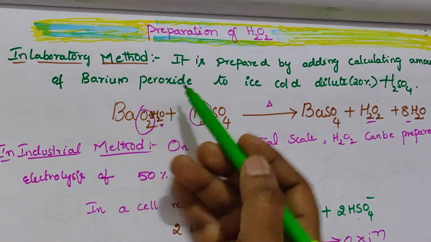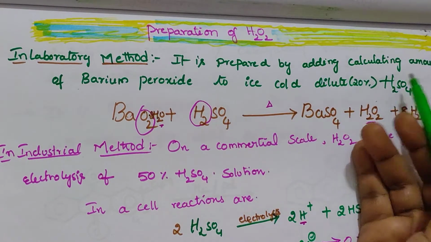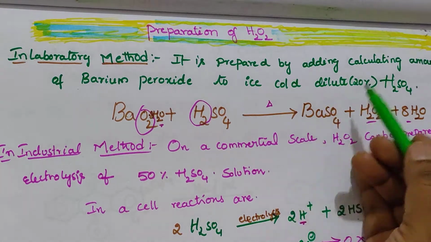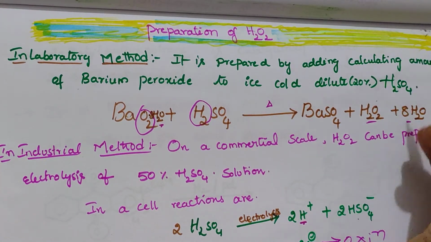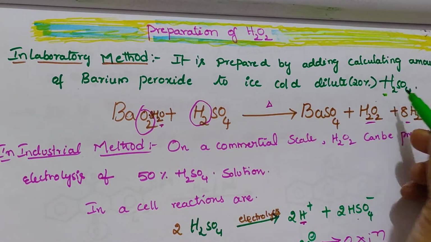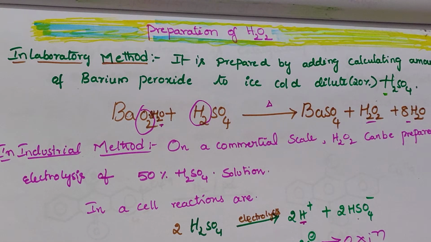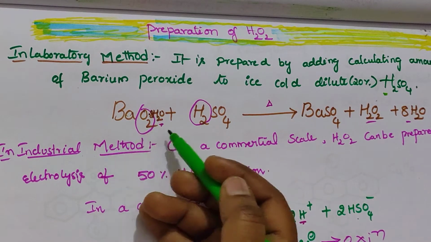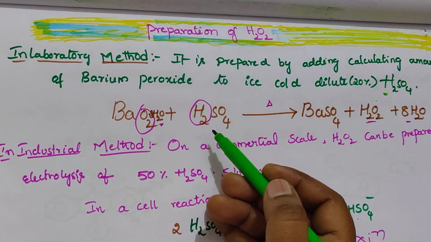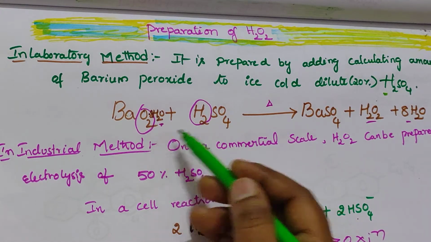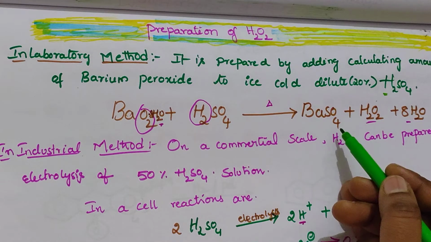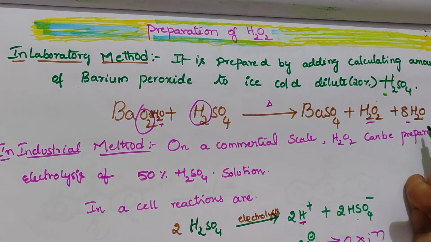In the laboratory method, it is prepared by adding a calculated amount of barium peroxide to ice cold dilute H2SO4. H2SO4 is also a dehydrating agent. Dehydration means removal of water molecules from the actual molecule. Barium peroxide is treated with sulfuric acid to form barium sulfate and H2O2 and 8H2O.